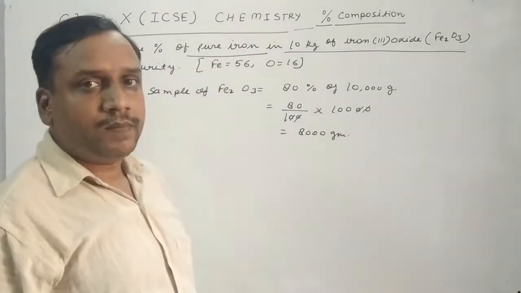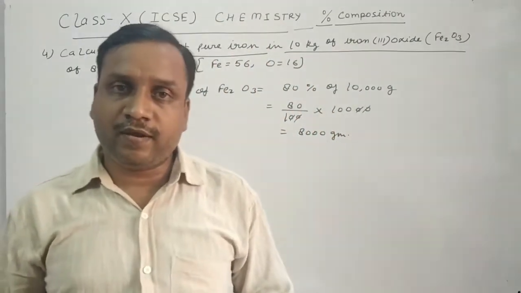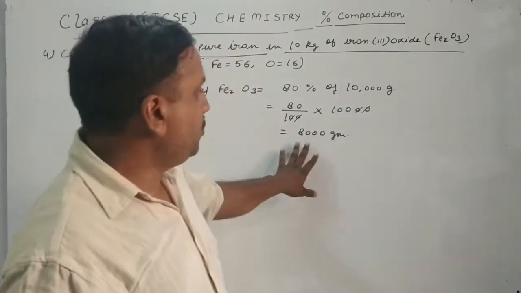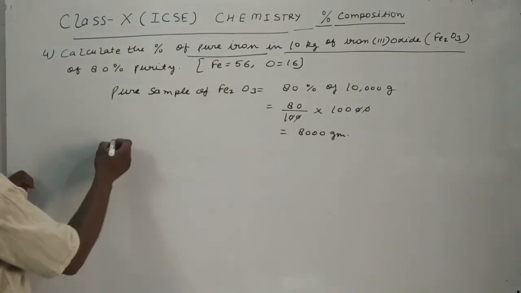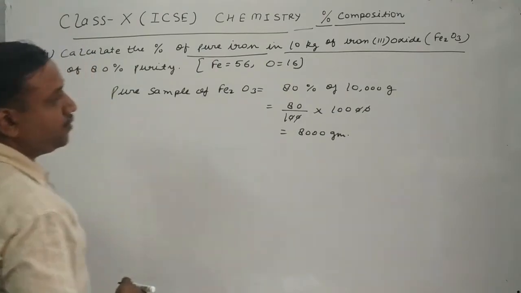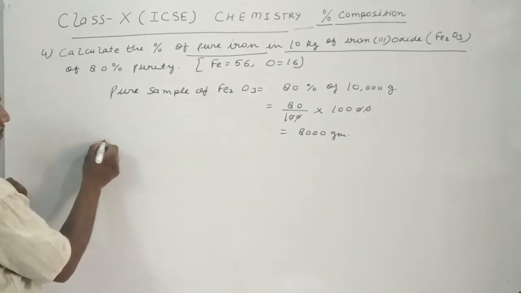This 8,000 gram is a pure sample of Fe2O3, and if you have to extract pure iron from it, you will calculate using this quantity. What is the quantity of pure iron? How will you calculate it?